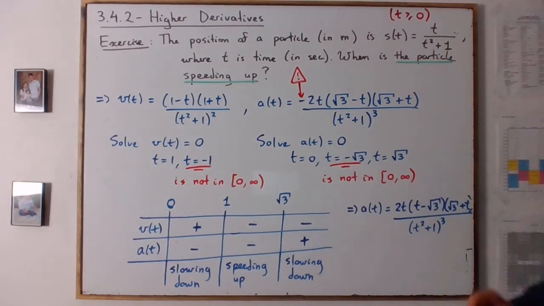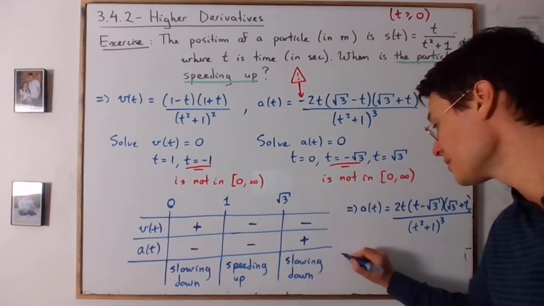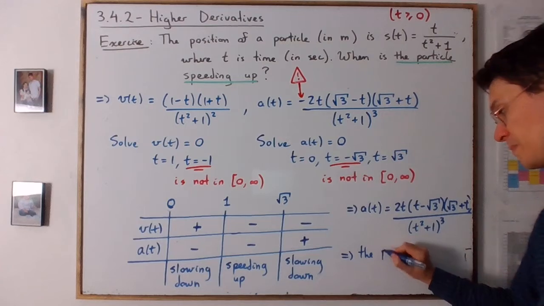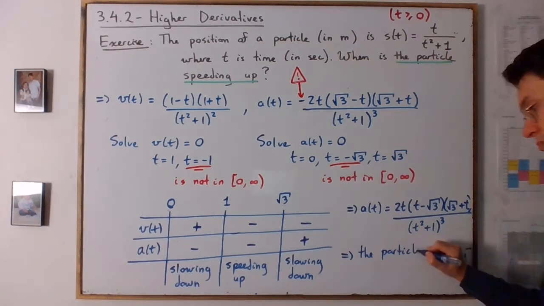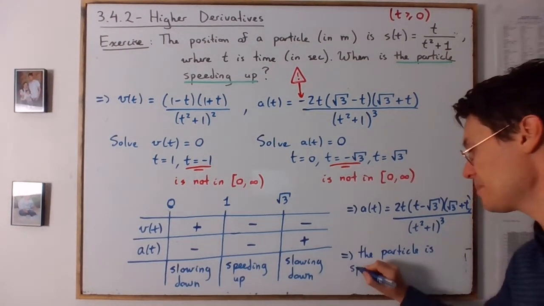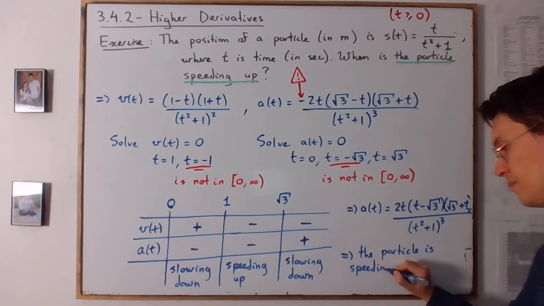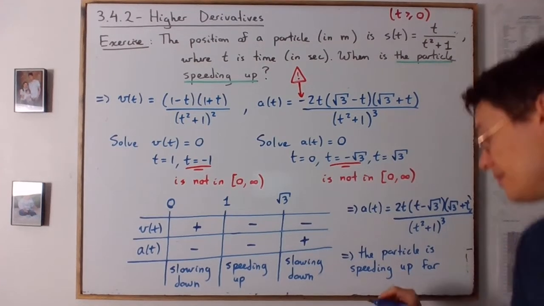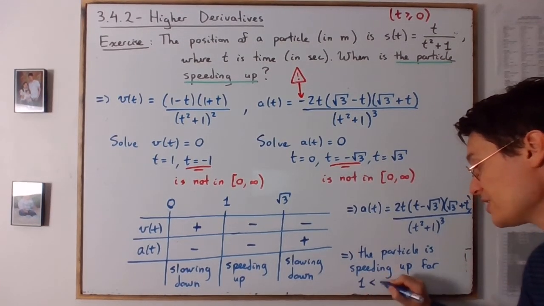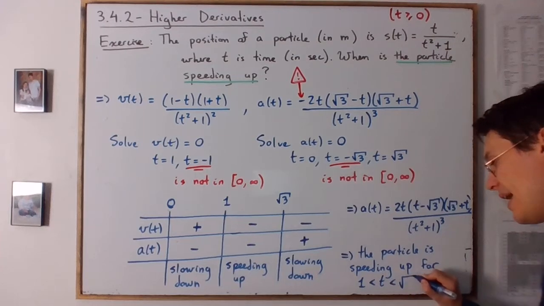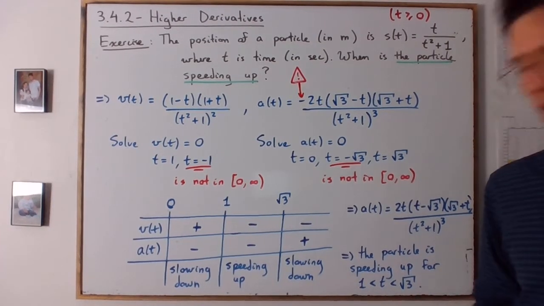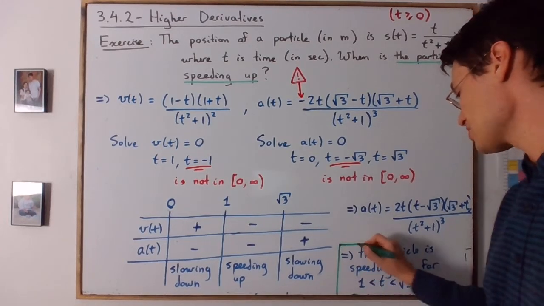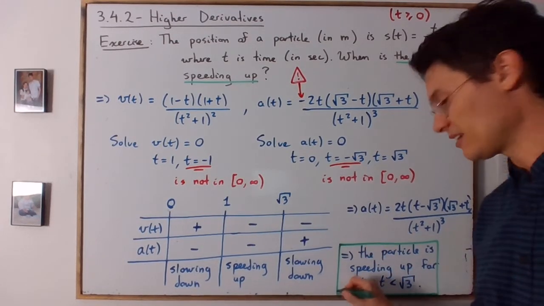So in other words, you get the answer from the chart. The particle is speeding up for the interval of time in which t is between 1 and square root of 3. I won't put the units of measurement because I consider this a small distraction. There you go. This is your final answer.